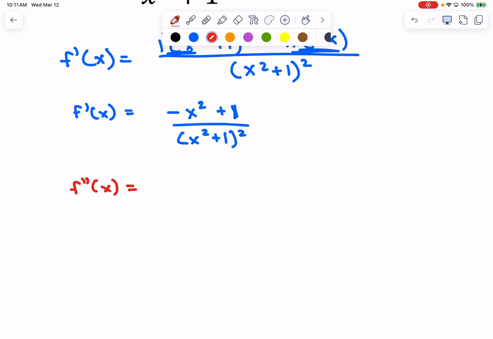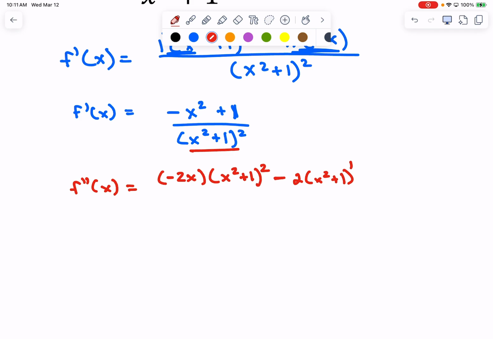First, go ahead. Quotient rule. Remember the top would be 2 minus 2x. Did you do negative 2x? Yeah, negative 2x, times the bottom. Now what's next? Derivative of the bottom. What's derivative of the bottom? Doing chain rule. x squared plus 1 to the second.